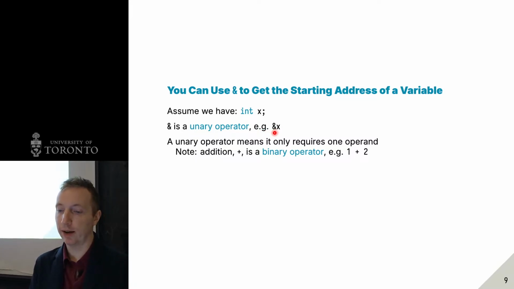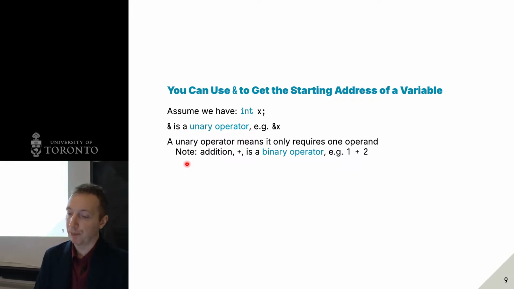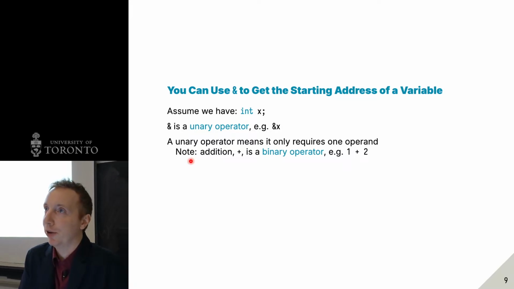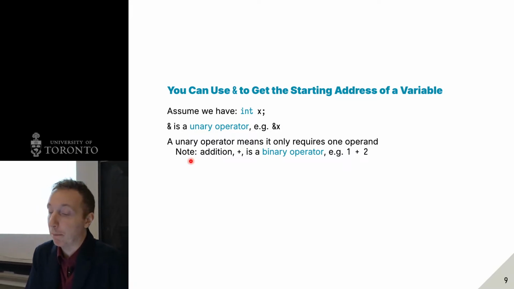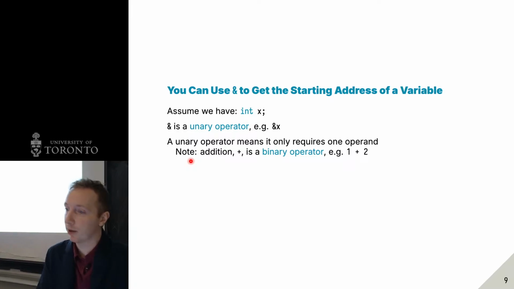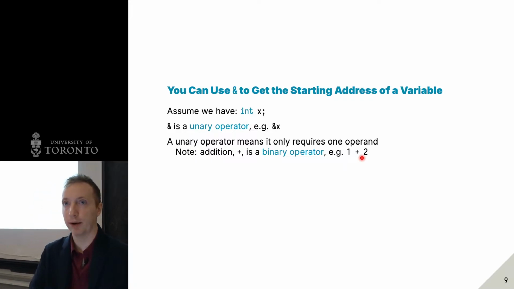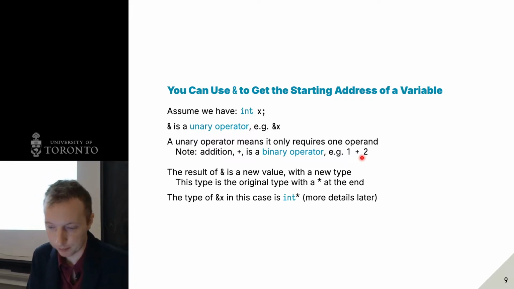In this case, I could do ampersand x. That means give me the starting address of x. So again, unary only requires 1 operand. Addition, like everyone is familiar with, technically is a binary operator, so it takes 2 arguments. So plus needs a right-hand side and a left-hand side, right?